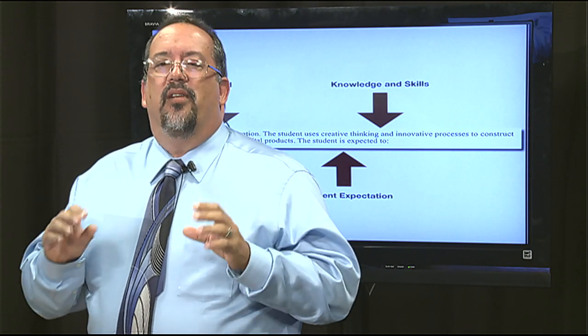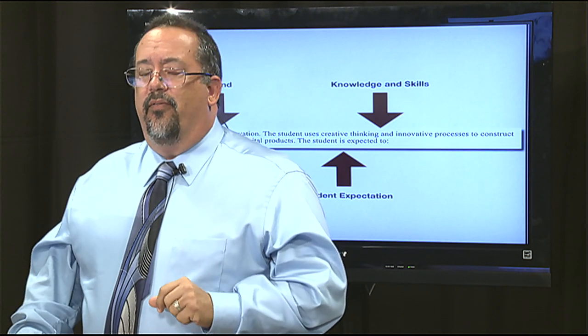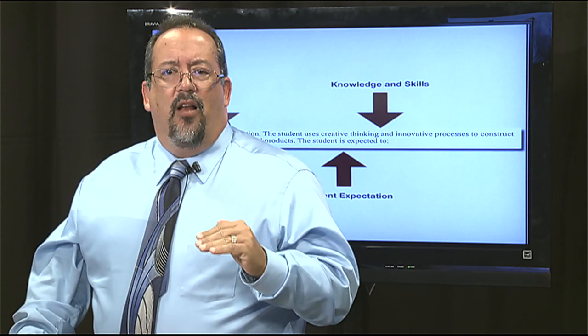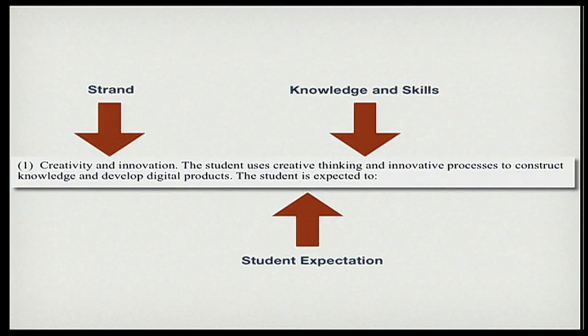The knowledge and skills statement is always very, very general. It's the overarching description of what's to follow down in the student expectations. And then that final part of that statement is, the student is expected to, and after that come the actual student expectations.